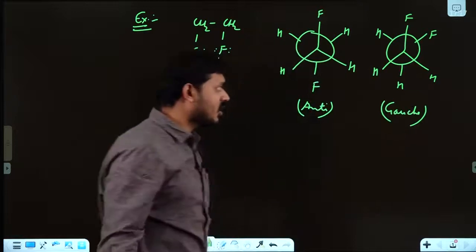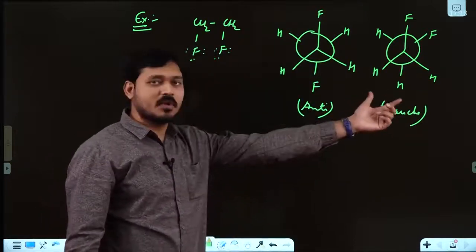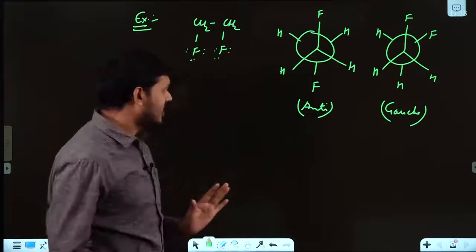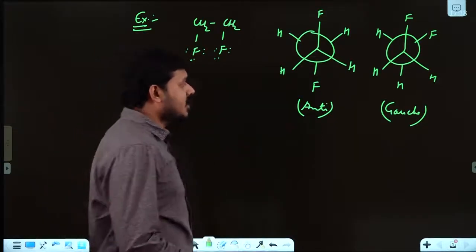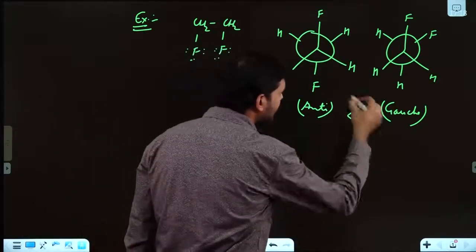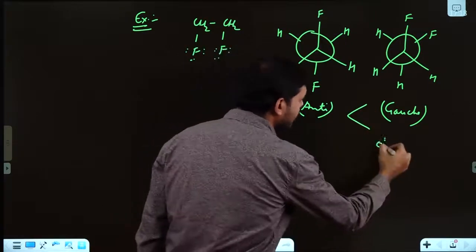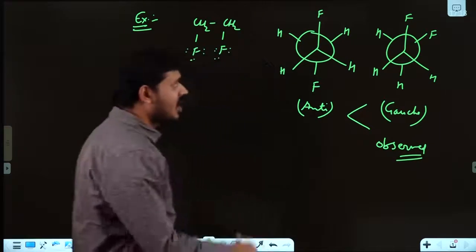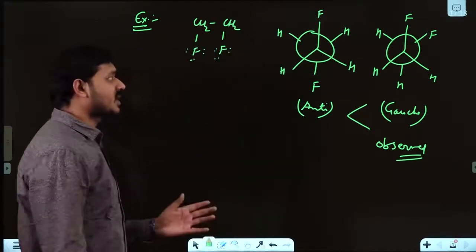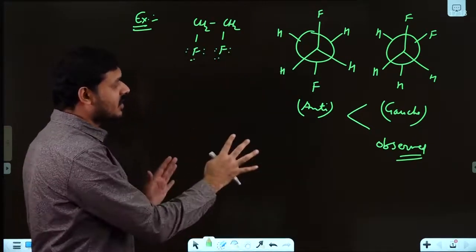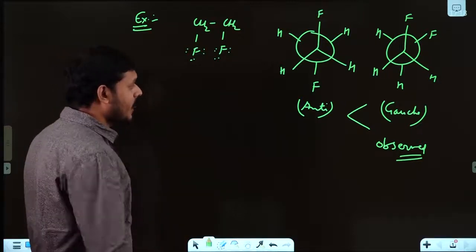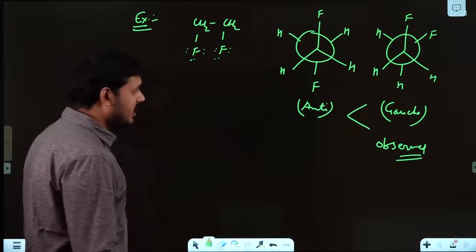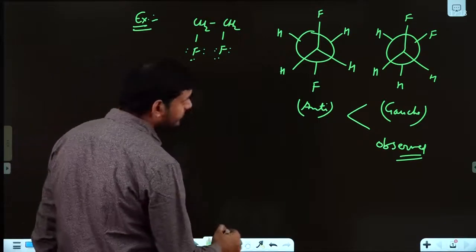So among anti and gauge form, gauge form is generally less stable than anti-form, but here it has been observed that gauge form is more stable. Now, how can this gauge form be more stable? Let's understand it in detail. Okay, gauge form more stable than anti-form. How does it happen? Let's observe.